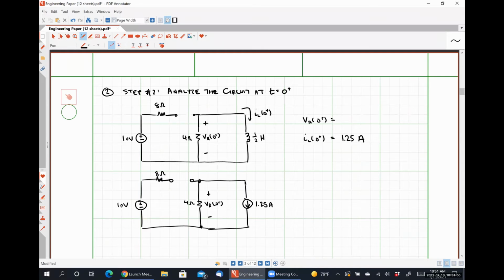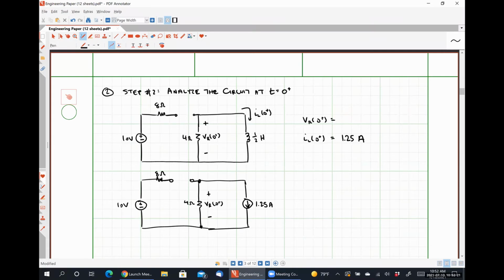Would VR not just be that 1.25 amps times 4 ohms? Because you have an open circuit right there, so you can't have any current flowing through it. So that 1.25 amps has to travel through that 4 ohms, correct? You're absolutely correct. The only slight mistake is that the current is flowing into the negative polarity terminal.